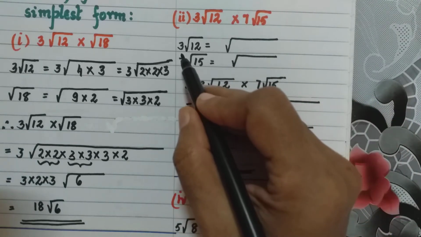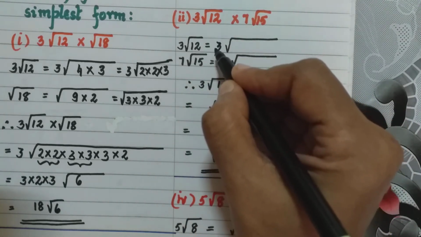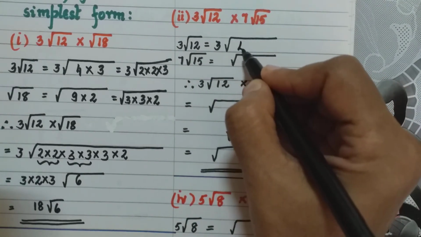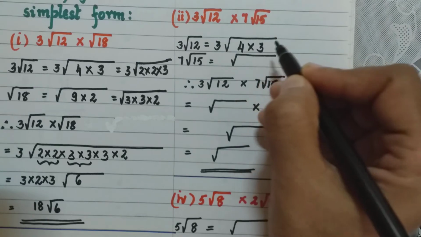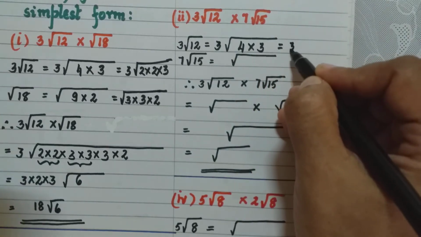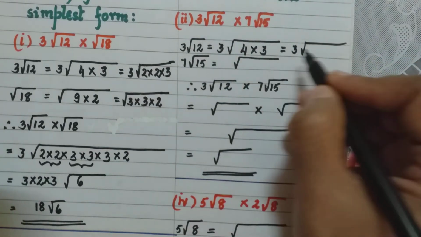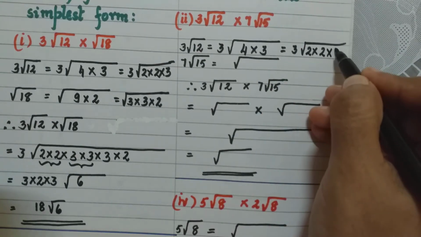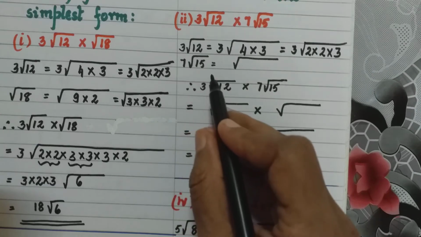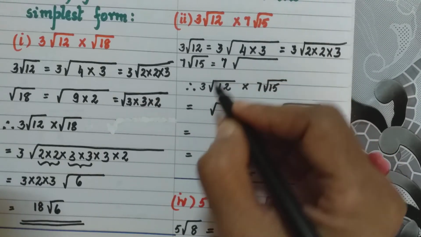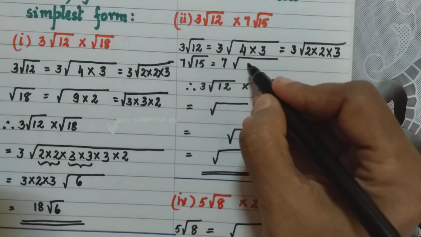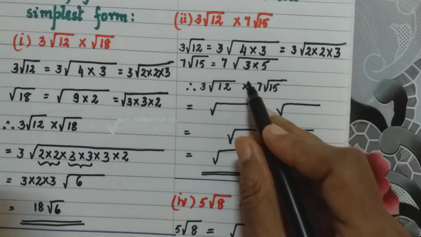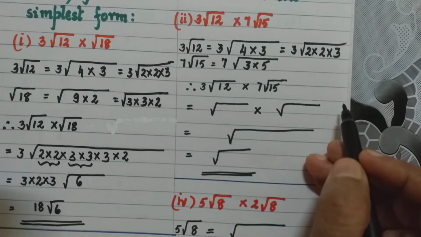First we write 3 and then write 12 as 4 into 3, which is equal to 3 square root of 2 into 2 into 3. Then 7 root 15: 7 is written out. The factors of 15 are 3 into 5.